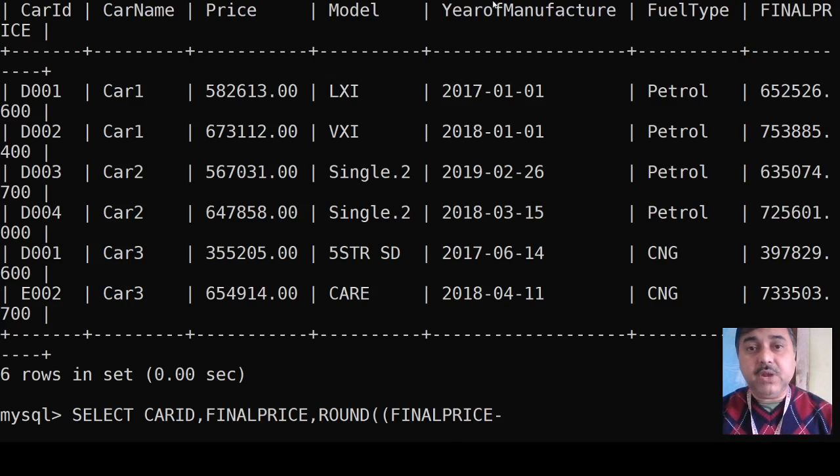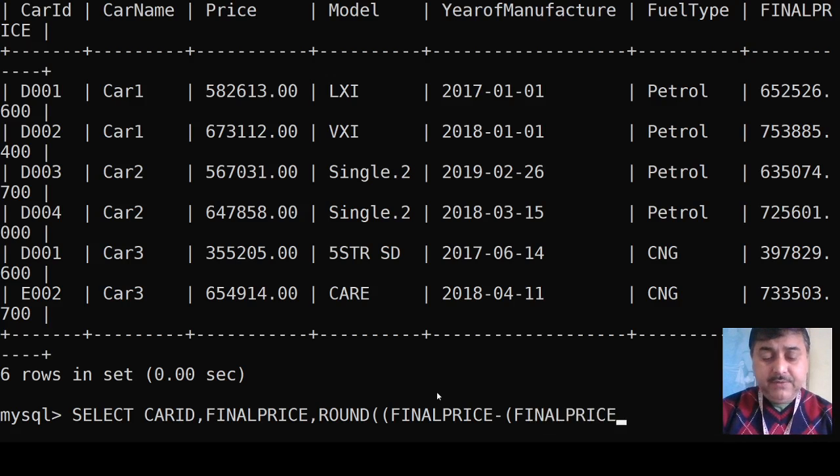Now we need to subtract some amount. What is the amount? The final price modulo 1000, that is the value we need to deduct. So let us write it: open the bracket, final price, comma, 1000. Then we close it.